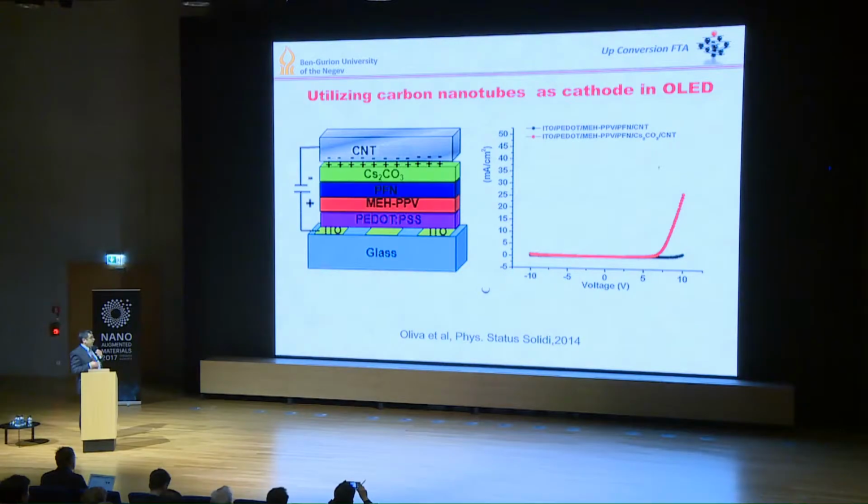The cesium carbonate basically reduced the work function. And you can see on the right-hand side that when this carbon nanotube was doped with the cesium carbonate, the ability to ignite the OLED is much easier, and the OLED starts to emit at a much lower bias compared to the case that the carbon nanotube is not doped.